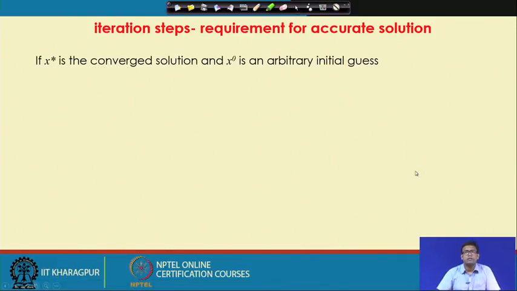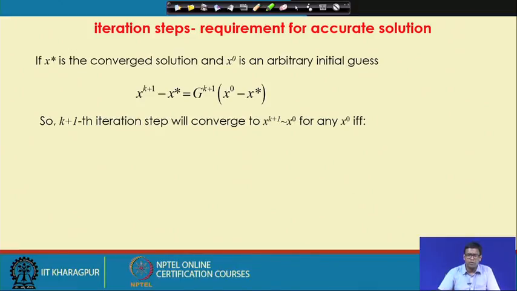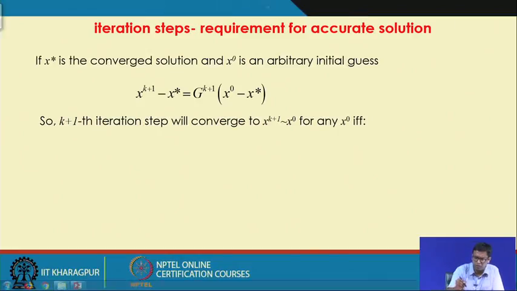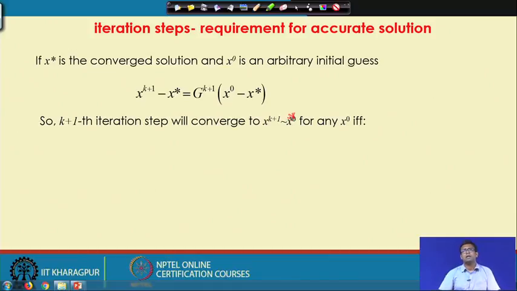So, x star is the converged solution and x_0 is an arbitrary initial guess. At the (k+1)th iteration step, the solution converges to the final value x star for any guess x_0.